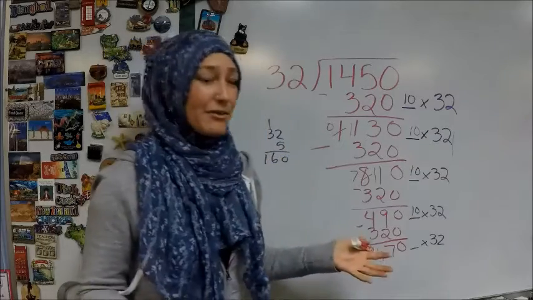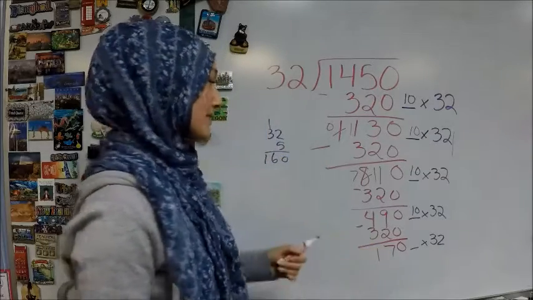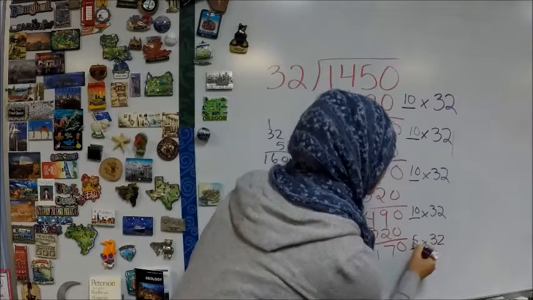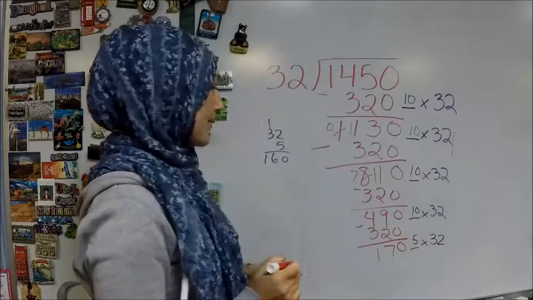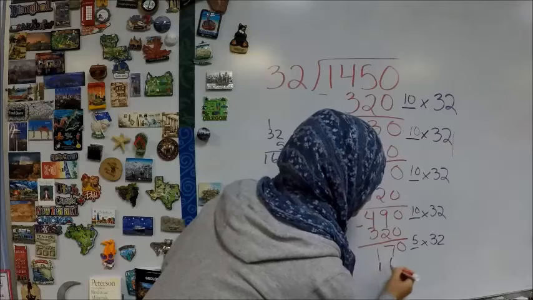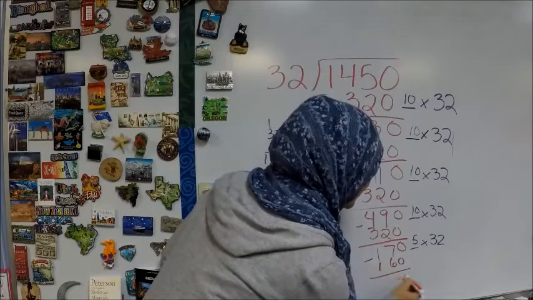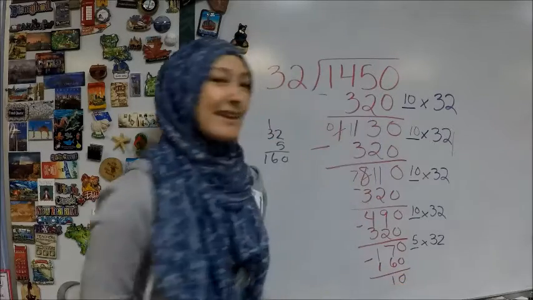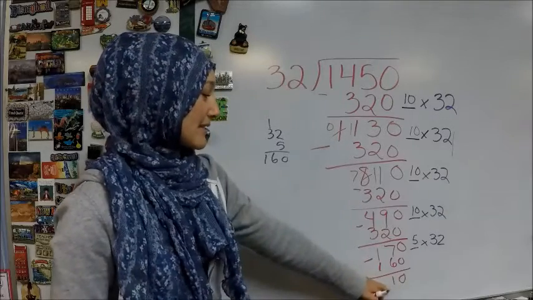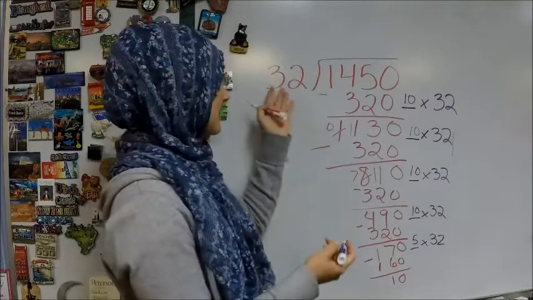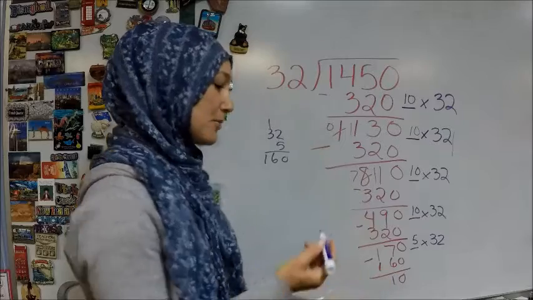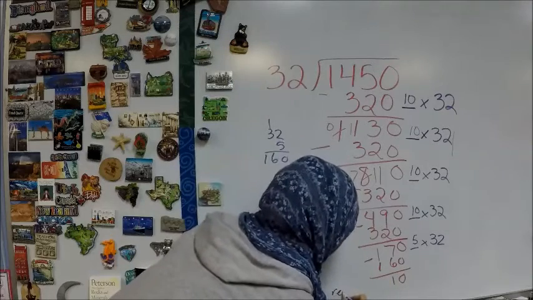You can do that in your head if you want, but 160 works. So I will use 5. And I have my work here, so that's 160. Do my subtraction, and I get left with 10. So this last number is my remainder. I can't do anything else with it because 32 is too big. So that's my remainder.